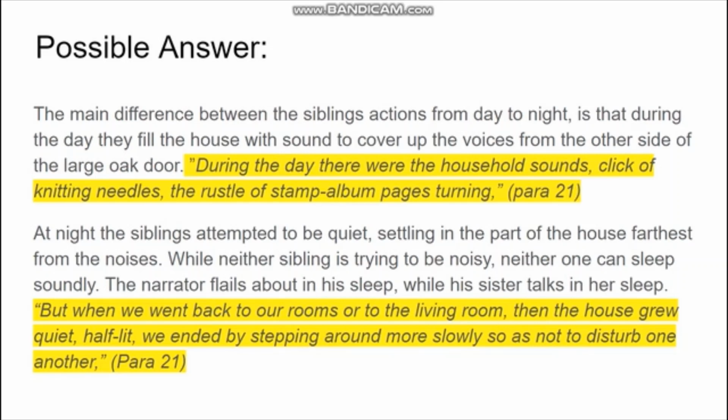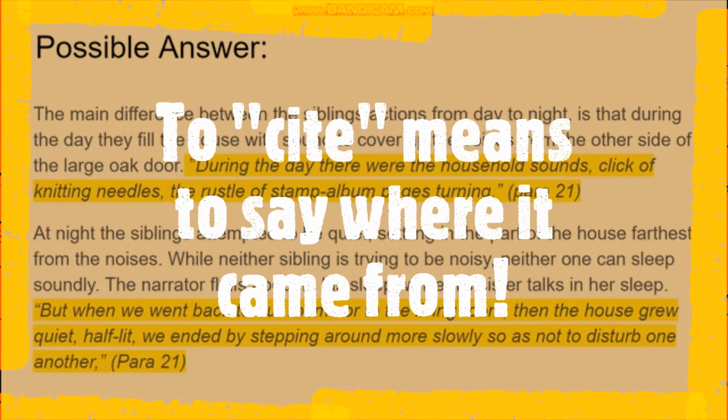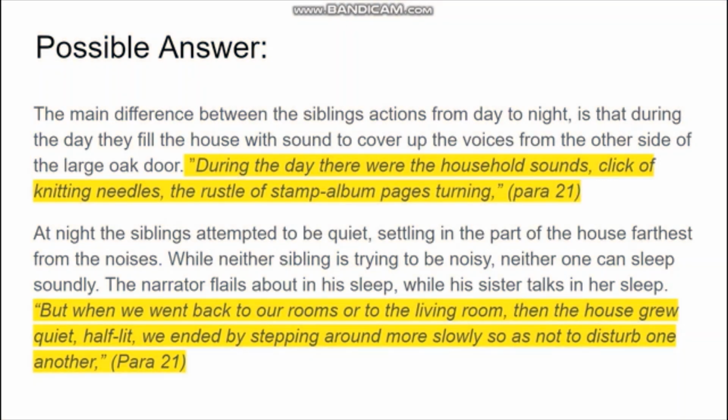So I'm citing myself. This sentence, during the day there were the household sounds, this is something that I did not write. This is something that came directly from the text. So I'm going to add it to my answer, but I'm going to put quotation marks around it, and that is in fact what makes it what we call in the English world a quote.